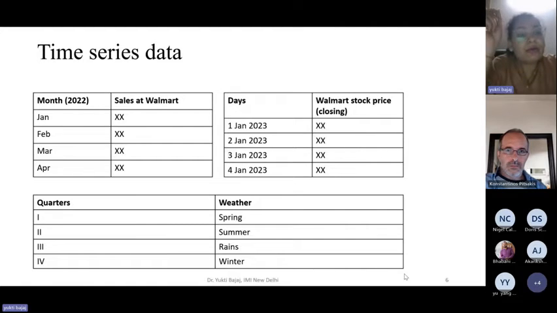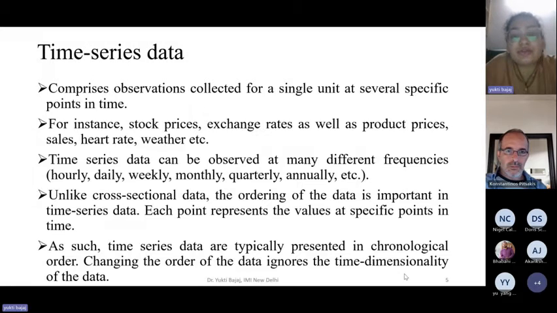If you change the order of this kind of data, the interpretation doesn't make any sense. So this is one difference, that time series has to be chronologically arranged for deriving meaningful outcomes out of that data.